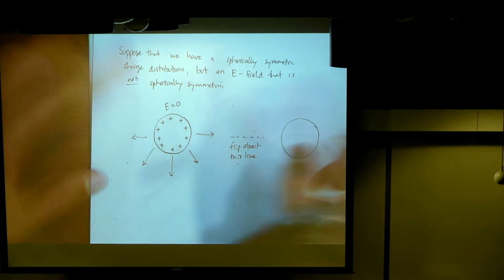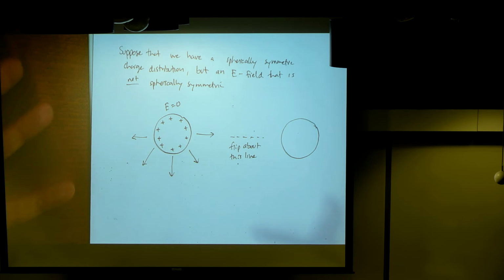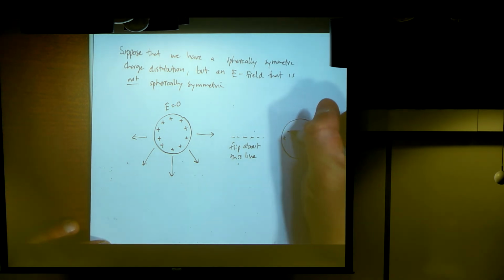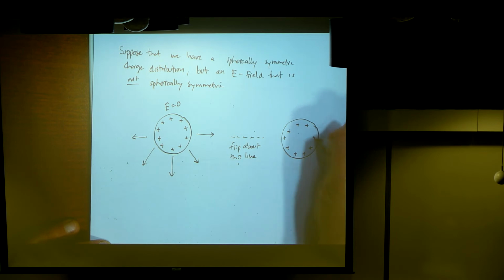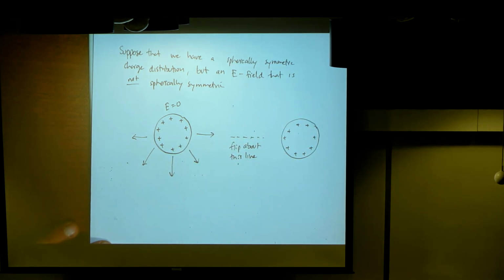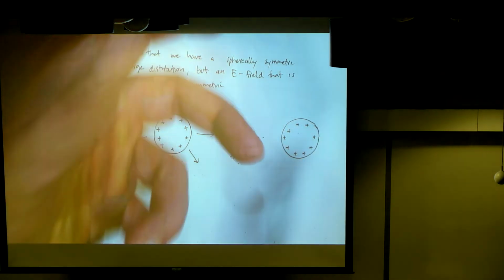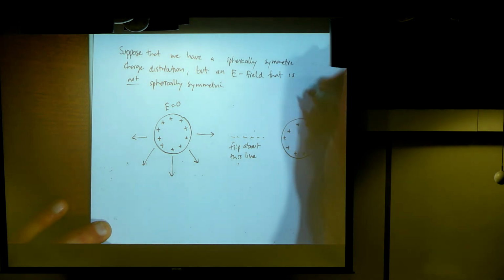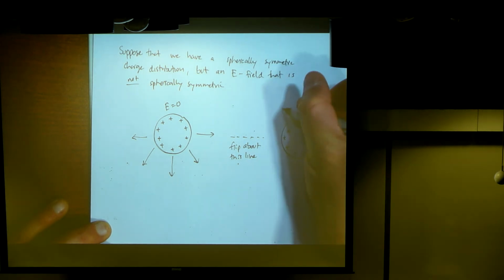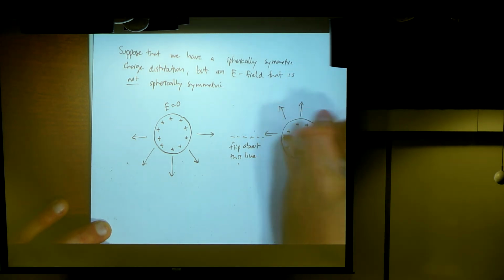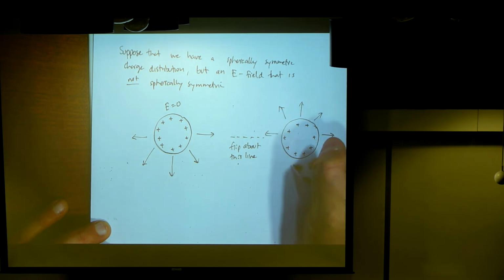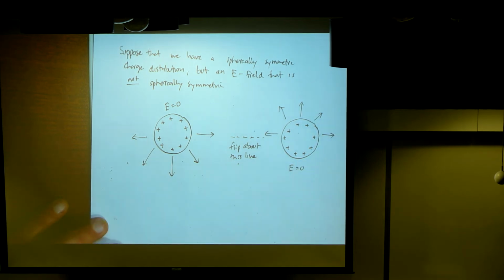Well, the charge distribution looks exactly the same as before, right? Because it still just looks like positive charge evenly spread out over the outer surface, right? But now what is my E field going to look like? Which direction is it pointing if I just flip the whole thing over? So now I would have E field lines pointing up for the top half and then nothing down here when I make that flip.